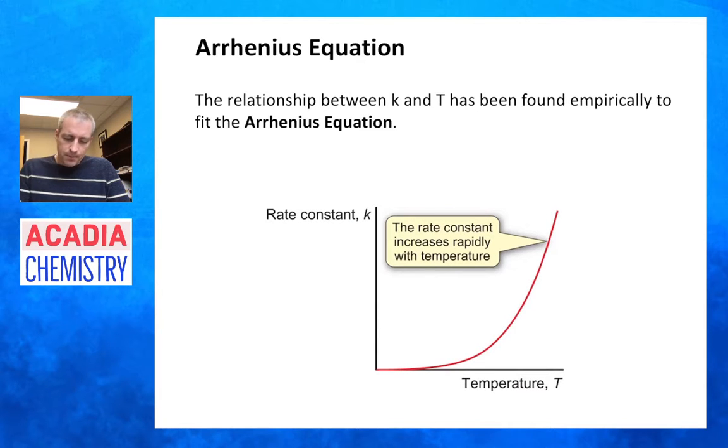And a chemist by the name of Arrhenius many years ago applied math to this. What he wanted to do was express what this mathematical function might look like, and he did this empirically, which is to say he ran a bunch of experiments and measured rate constant versus temperature, fitted the data, and then found a mathematical equation that fit that data.